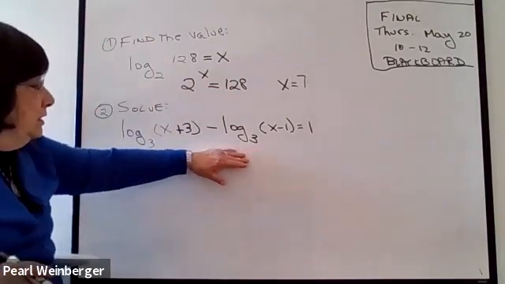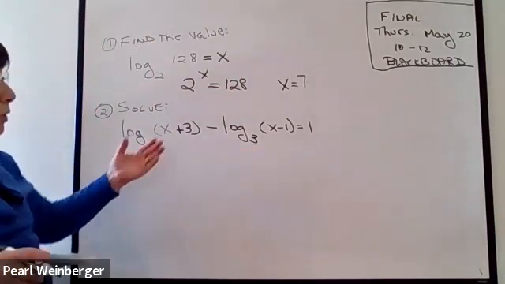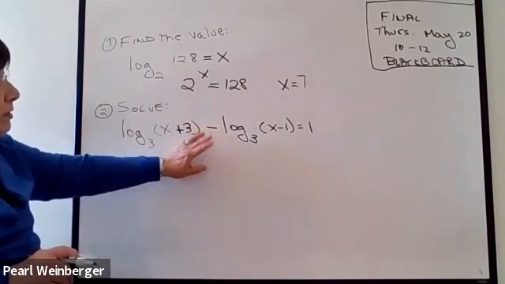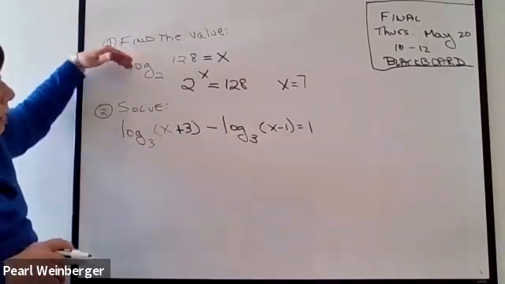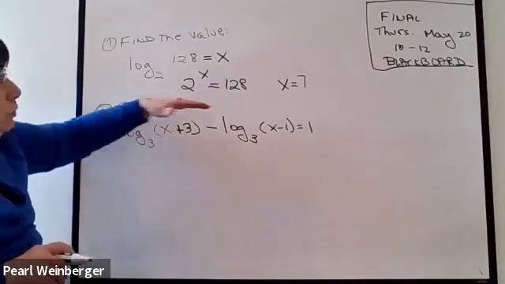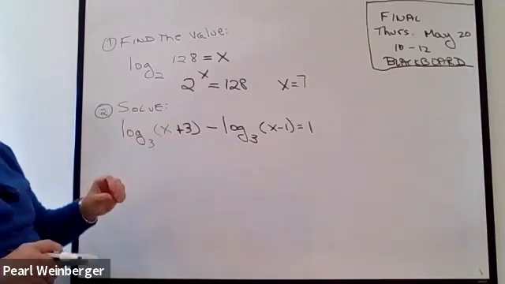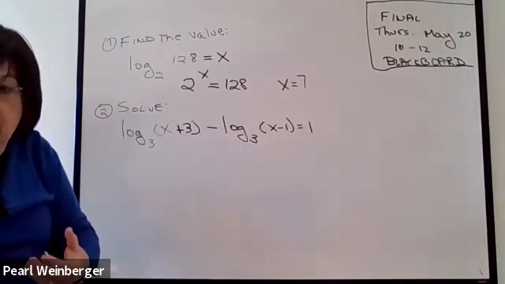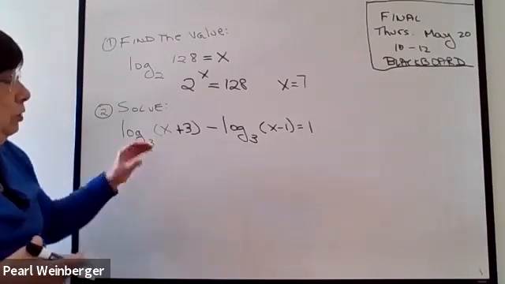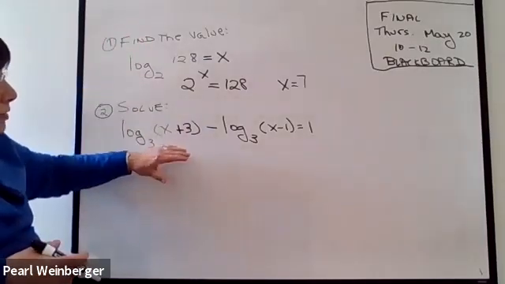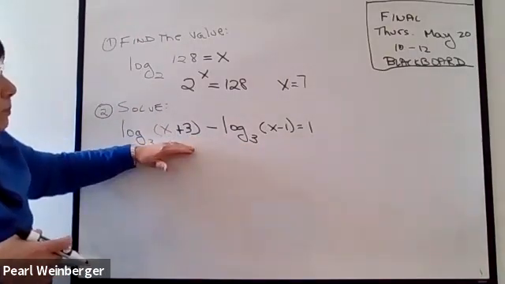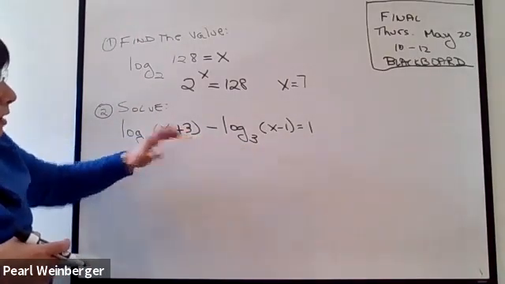Now, looking at this second equation, this is also an equation that has logs in it. But the problem with this equation is here we just had one log on a side. Here we have 2 logs. And our rules for switching from the log format to the exponential format only work when you have the log written once. So if you recall, we contracted this back to a single log.